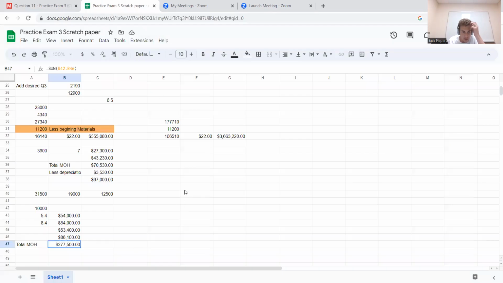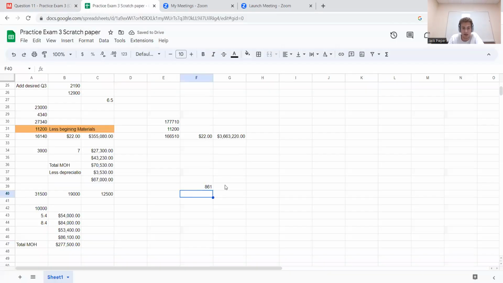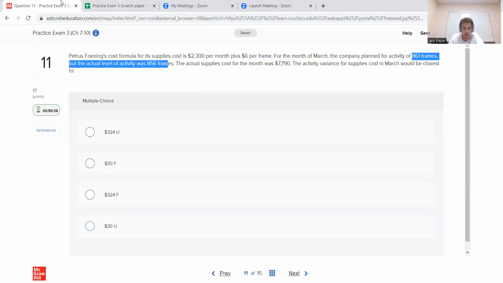So let's do 861 frames and 856 frames. Then we don't have to worry about the actual supplies cost because we're just doing the activity variance.